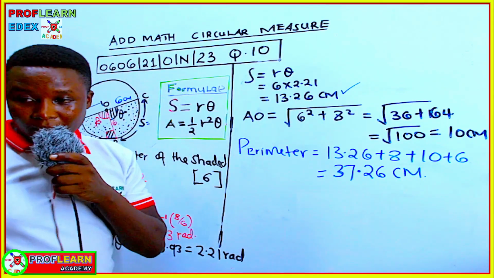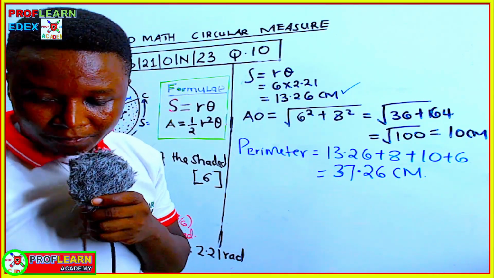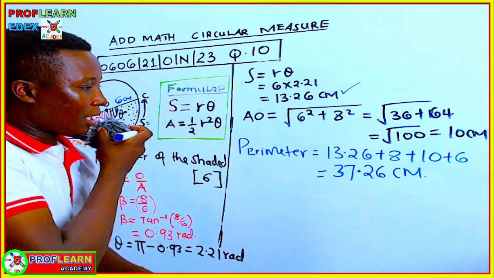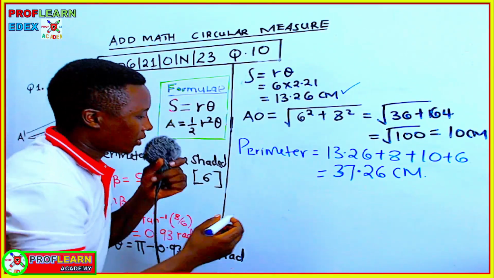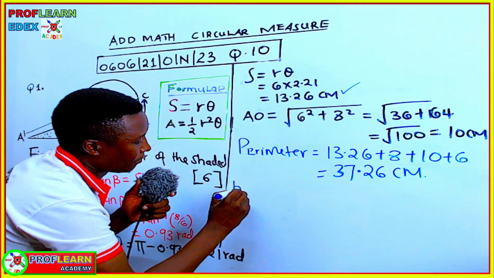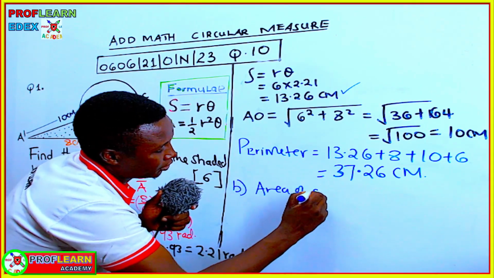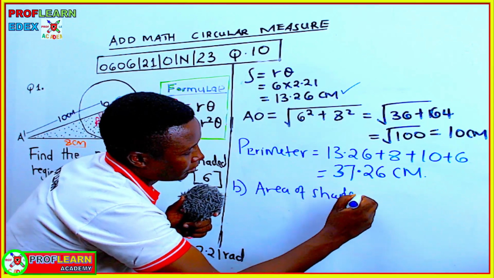Okay, now once we have this perimeter, the next question of interest for part B is to work out the area of the shaded region.